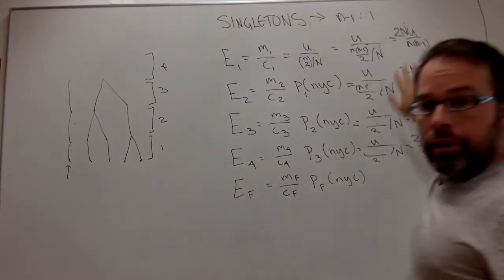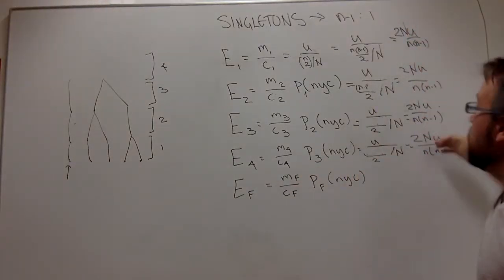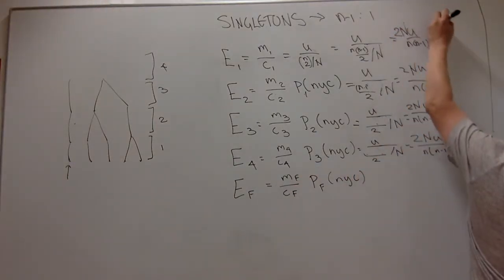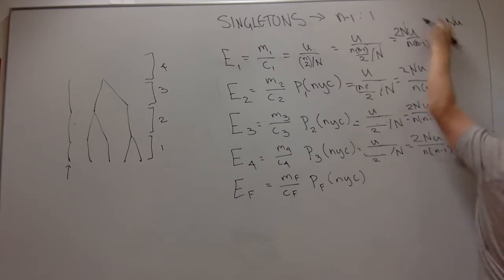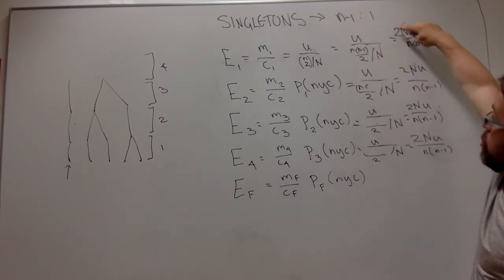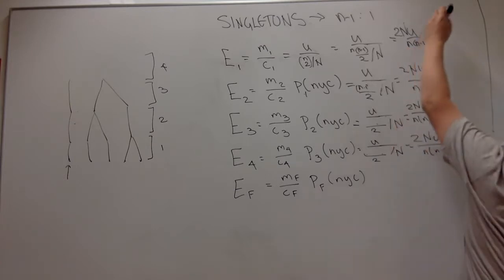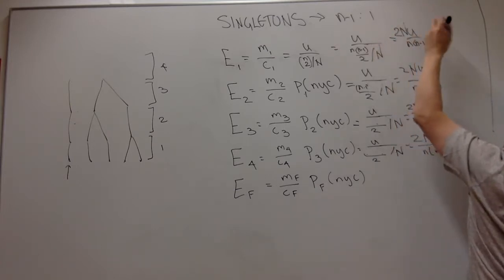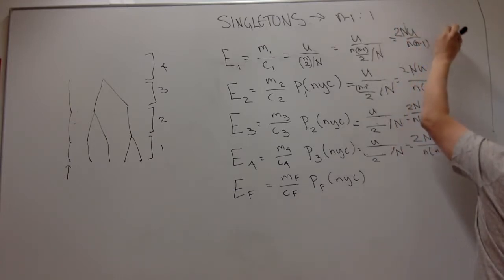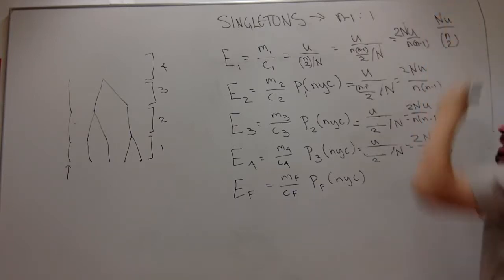So from all this, leaving aside this last one, basically we get 2nu divided by... let's take this one step further. We can recognize that 2 divided by n times n minus 1 is just 1 over n choose 2. That is, this can be rewritten as that.